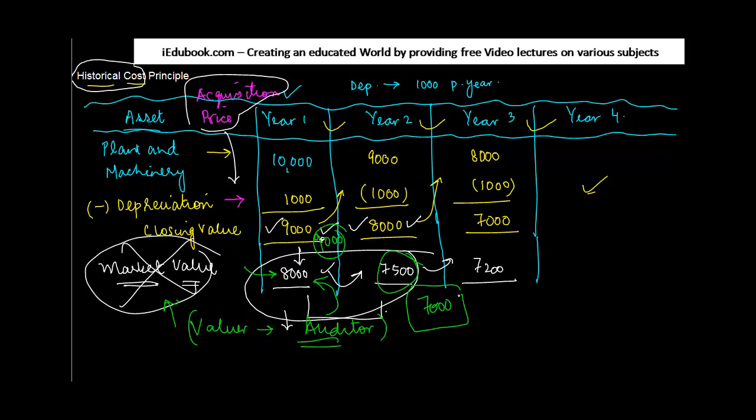So to avoid this subjectivity, the personal bias of a person, the historical cost principle basically says that an asset has to be recorded in the books of accounts based on the acquisition price, and we do not make adjustments towards the market value of the asset. This is what the historical cost principle is all about.